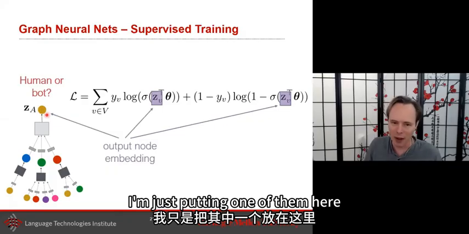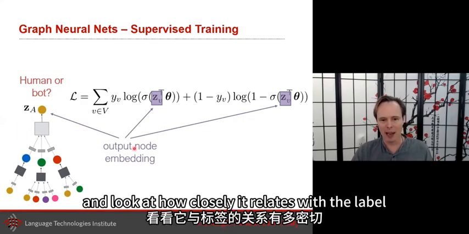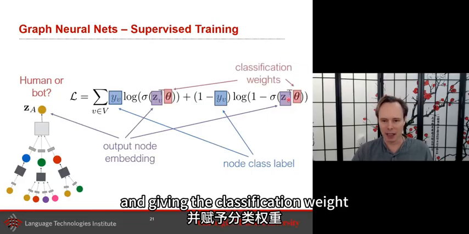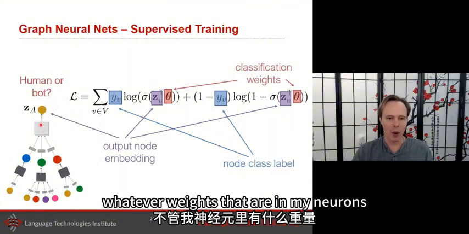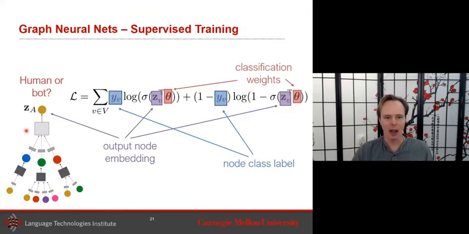I'm just putting one of them here. And in this loss, I can take this embedding and look at how closely it relates with the label, giving the classification weights. Classification weights are whatever weights are in my neurons on all of layer 1 and layer 2.